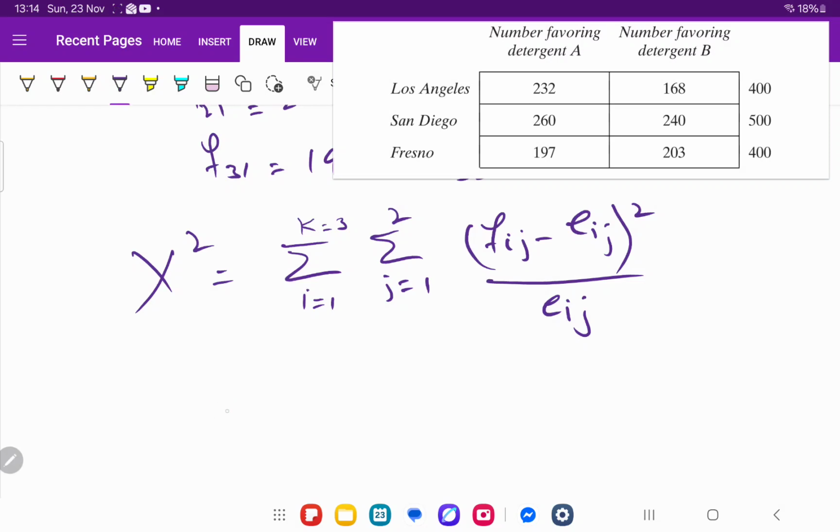First of all, we'll open the first summation, which is j.